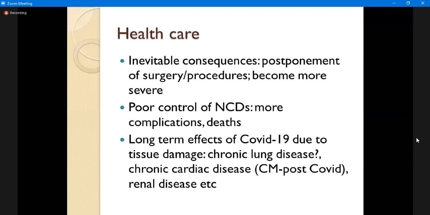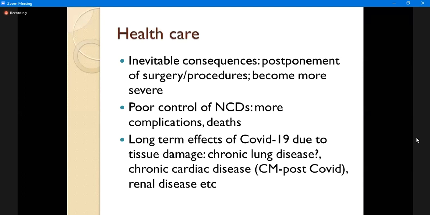And also the long-term effects of COVID-19 due to tissue damage is a huge debate. If you go to the internet and see this, people are contemplating that the long-term effects of this infection would persist for years and years in certain tissues.